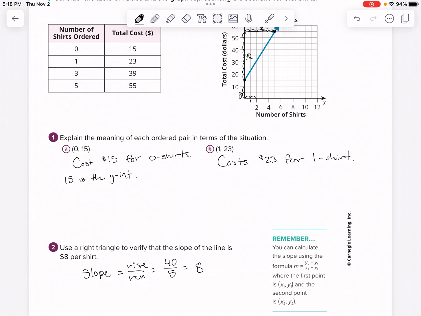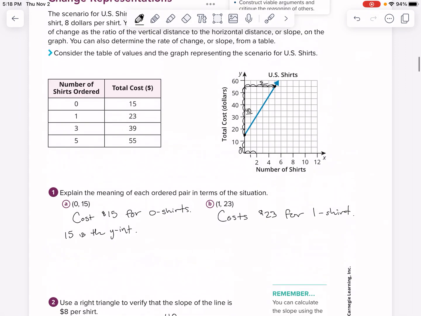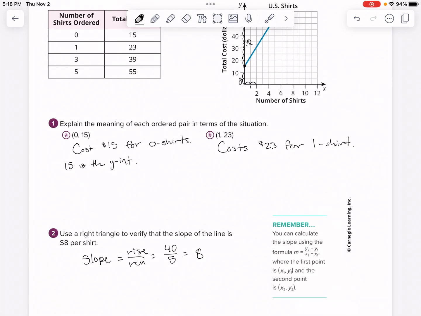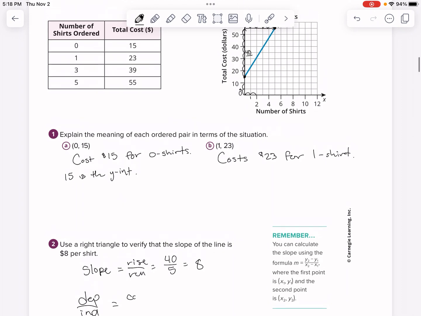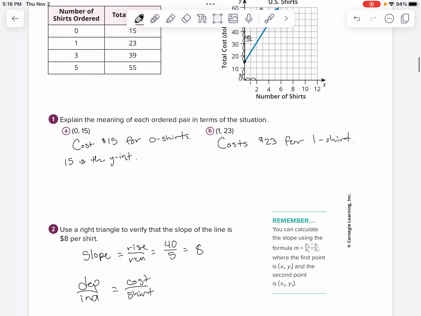And the statement is that we have $8 per shirt. $8 is always our dependent variable over our independent variable. The dependent variable is the total cost, and the cost depends on how many shirts we order. So that's why it is $8 per shirt.